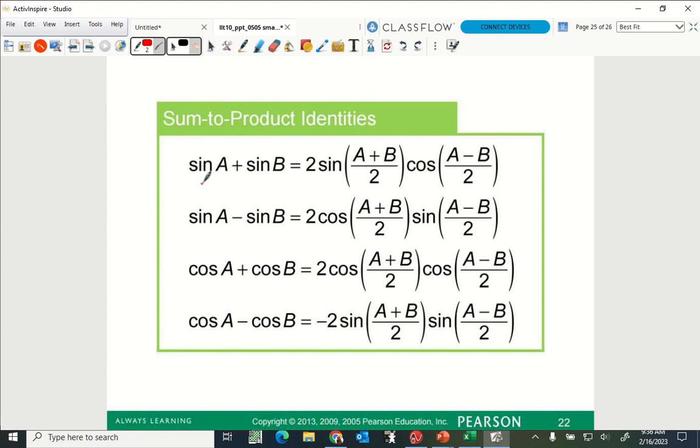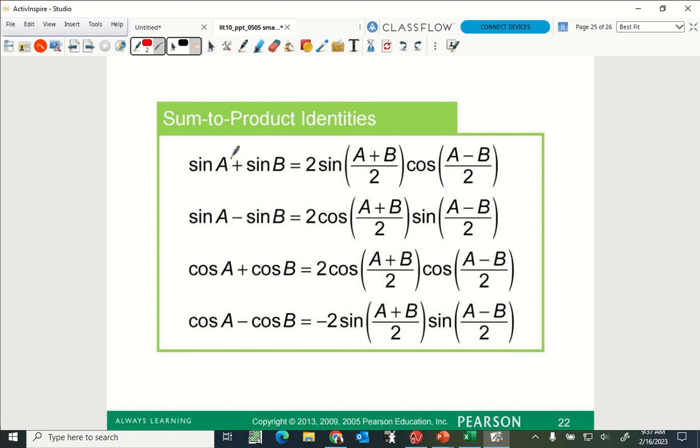So this one, it's sine A plus sine B, sine A minus sine B. So these are sum to products. So cosine A plus cosine B, and then it comes out to be all this.